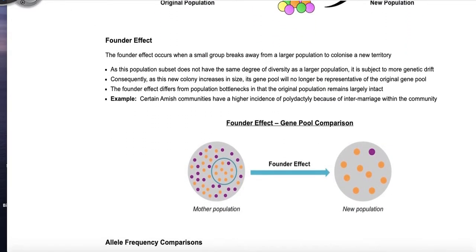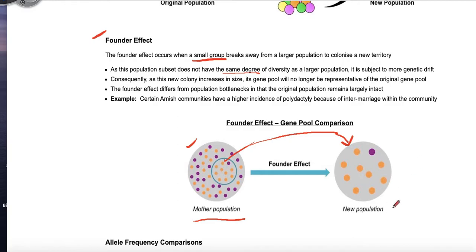All right, and the founder effect is also an example of genetic drift, and this occurs when a small group like this breaks away from the mother population or the larger population, and it colonizes a new territory, or it just moves away. So this population subset doesn't have the same degree of diversity as this larger population, so it's subject to more genetic drift.